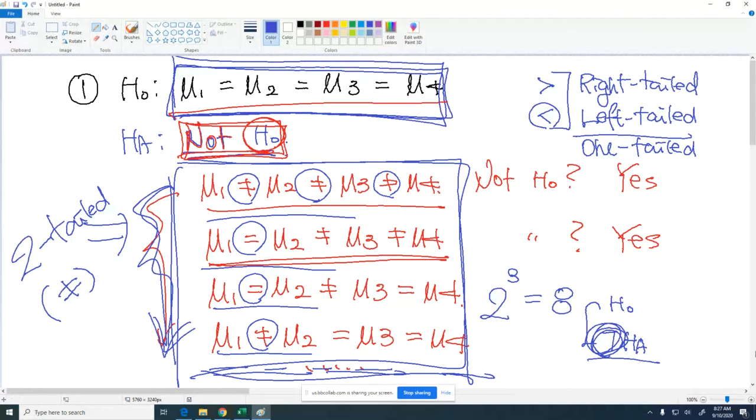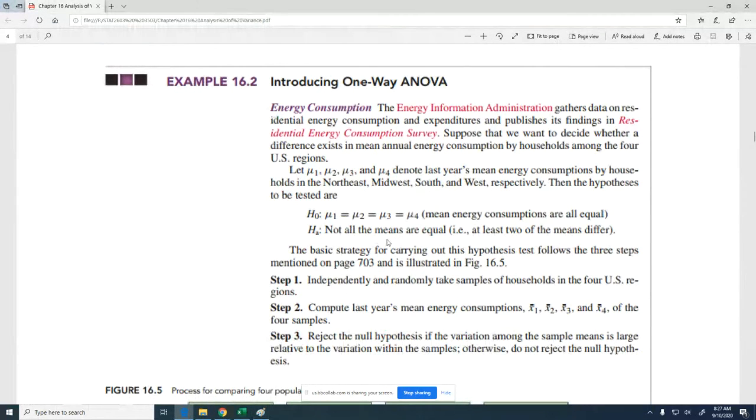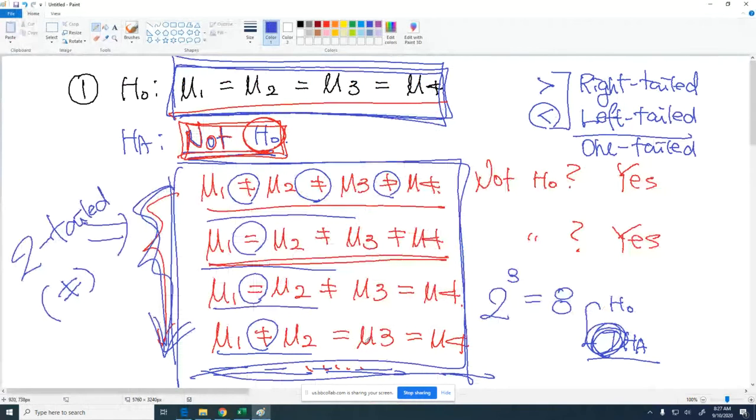So now we have to state it: not all means are equal. The other way is, at least two. What does it mean? Two or more. Sometimes more, all of them totally different from each other. But in this case, the first and second groups are the same but the others are different.